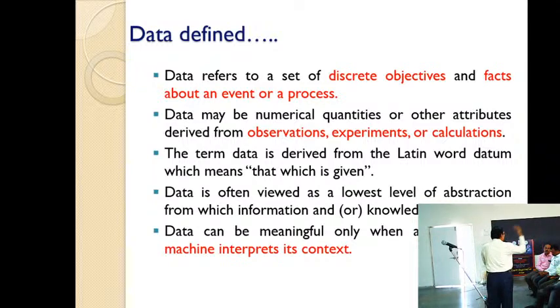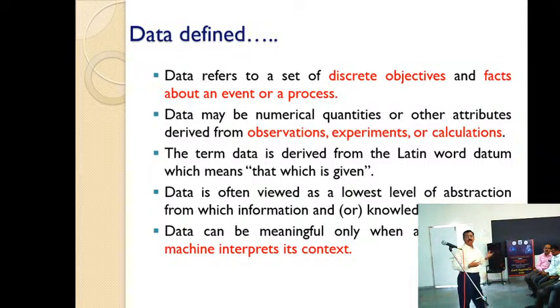Whenever we choose a particular problem, what kind of data do we need for doing research? Data refers to discrete, objective facts about an event or process. First you have to define your data.